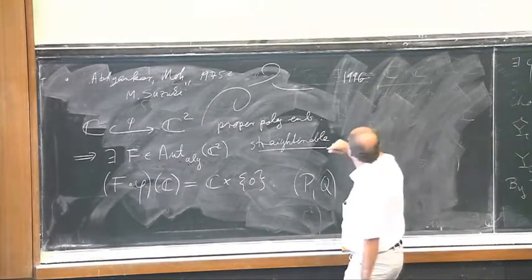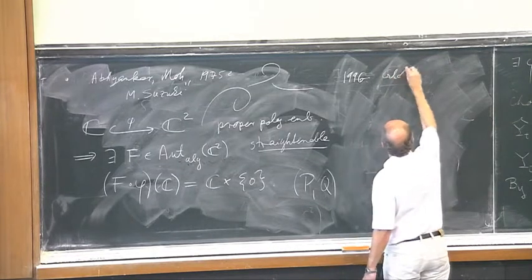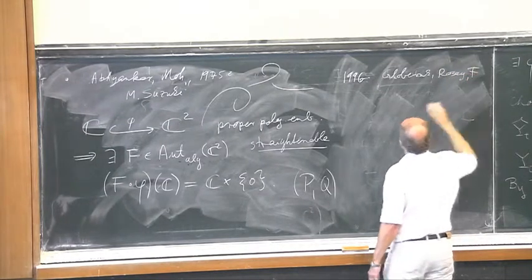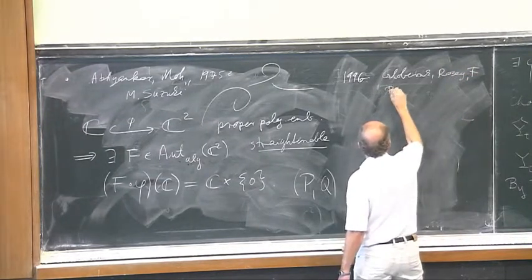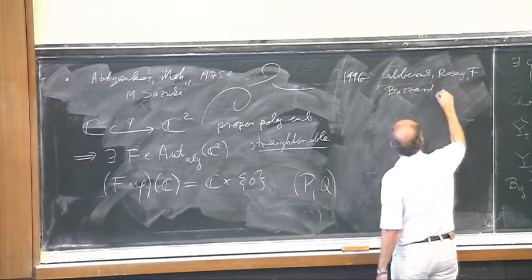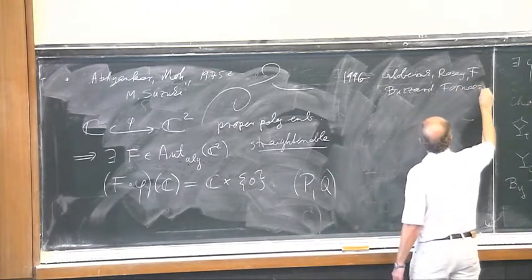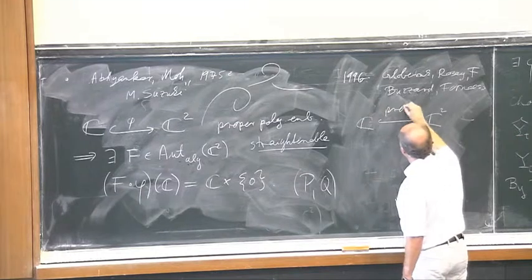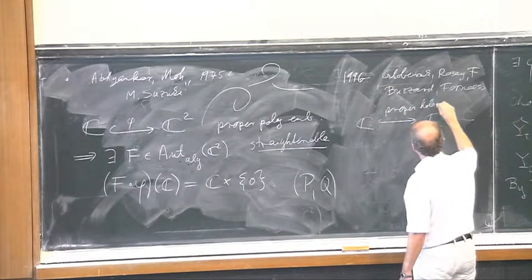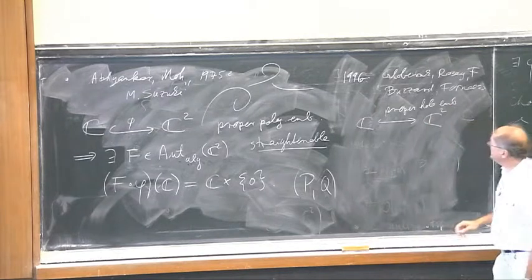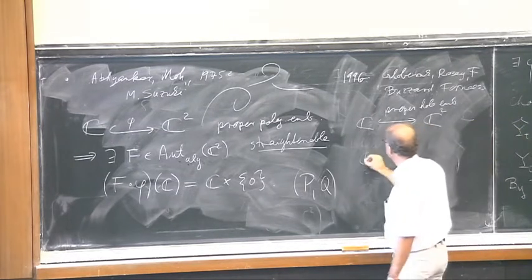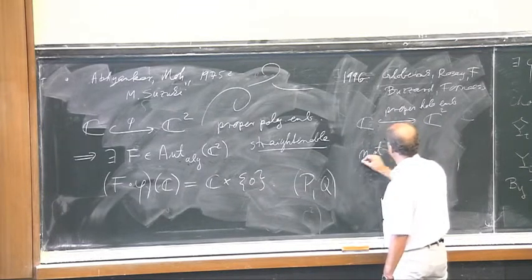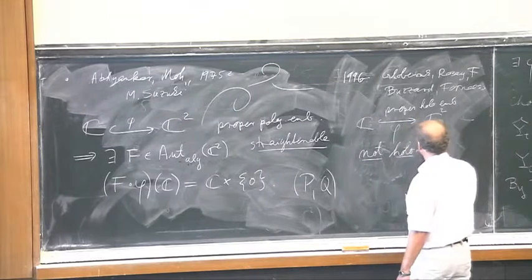But anyhow, in 96 we proved, so this was Globevnik, Rosay, and myself, and then there was actually another result by Buzzard and Forstnerič, that there exist properly embedded lines in C2, so proper holomorphic embeddings phi of C into C2, such that it's not holomorphically straightenable.